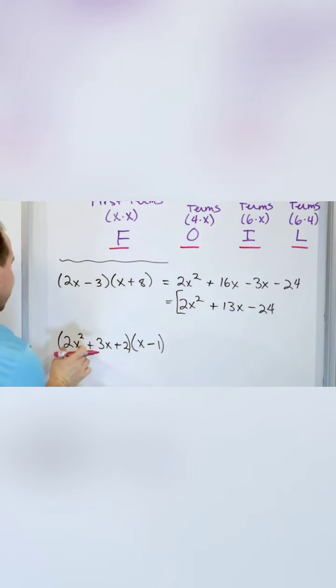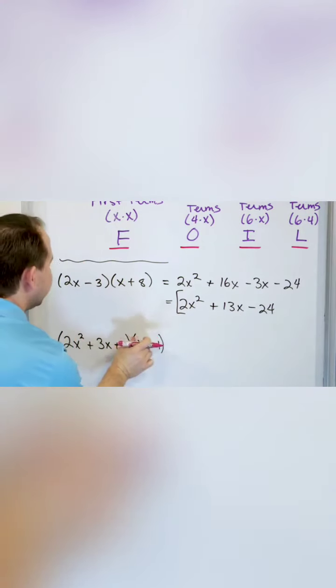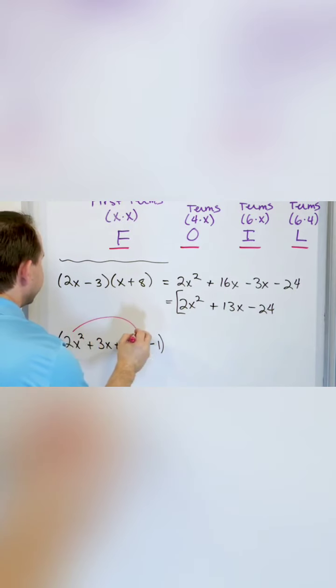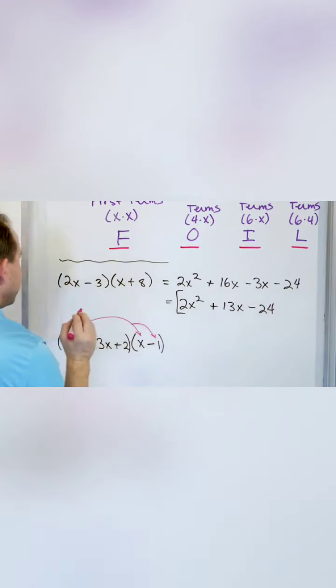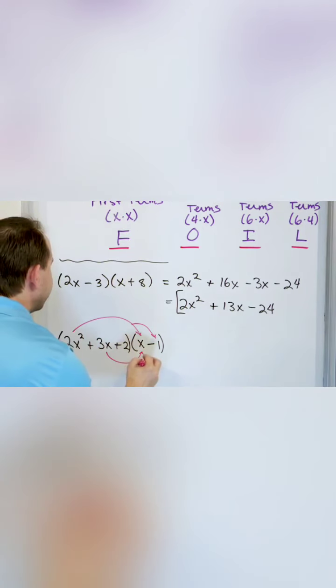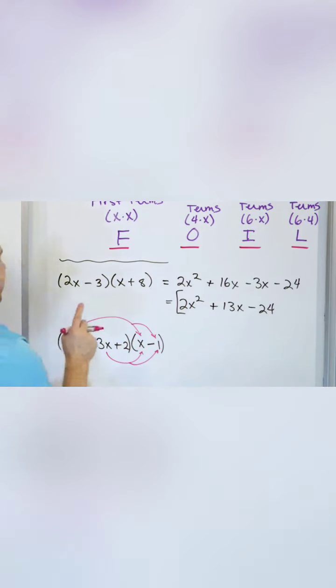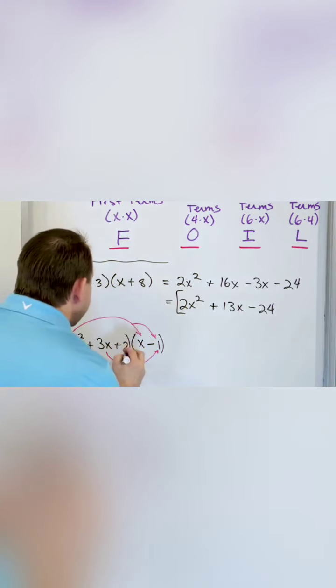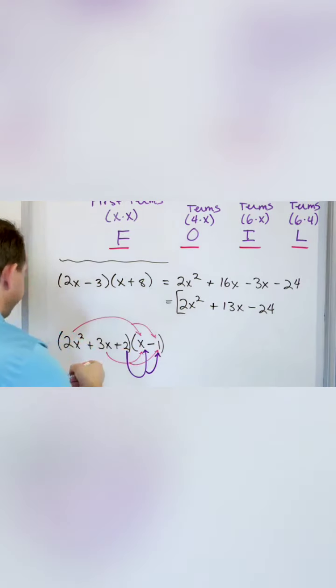What you do is you realize this term has to be distributed into each of these, like this. Right? Then this term needs to be distributed into each of those terms, like this. Then that last term, which is kind of hard to show without getting in the way here, has to be distributed in as well, right?